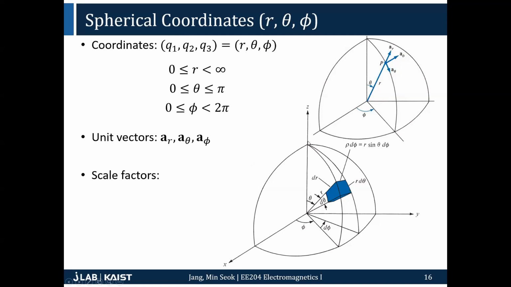Theta is called the polar angle, the angle with respect to the z-axis. So r runs from 0 to infinity, theta runs from 0 to pi, and phi runs from 0 to 2 pi.